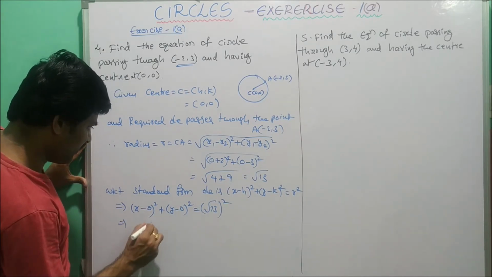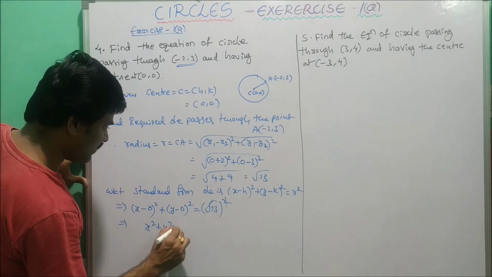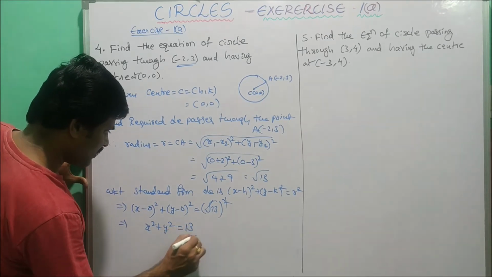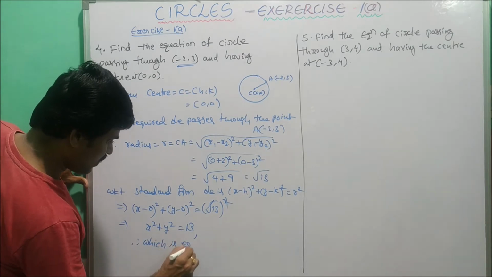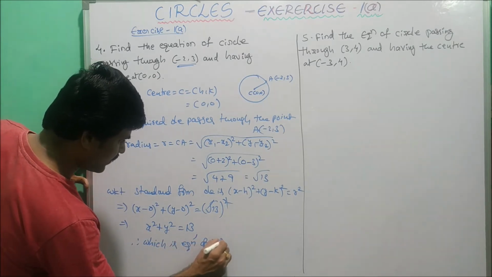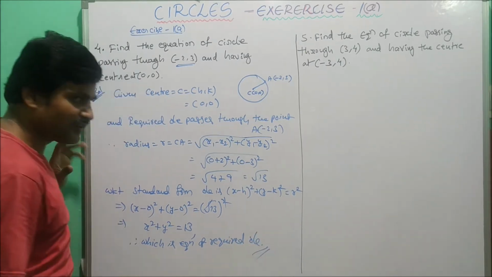Now here this is x square plus y square. In this, square root and square cancel, that equals 13. Therefore x square plus y square equals 13, which is the equation of the required circle. This is the solution for this problem.